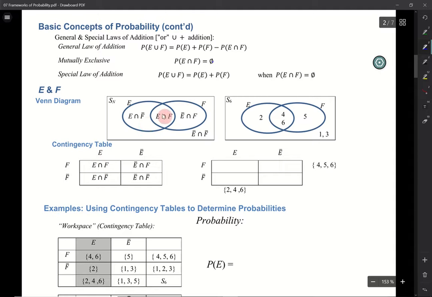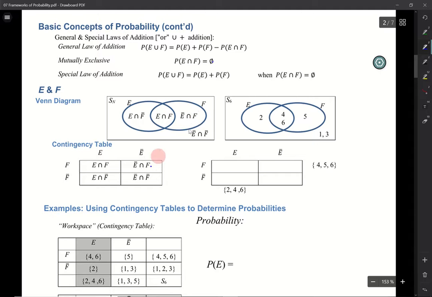So E was looking at this way, F is looking at this way, but clearly the intersection is also in F. And then here's the other part of F that's not in E. So this is what's in F and not in E. So that's this part. Oh, maybe there should be, oh yeah, E, right? Yeah. Okay. It's just flipped around.